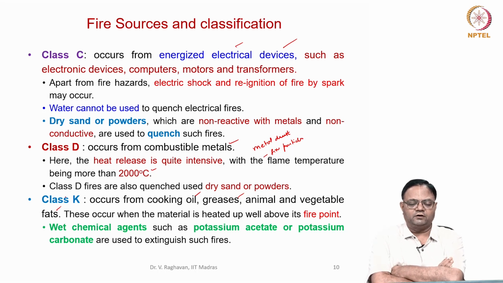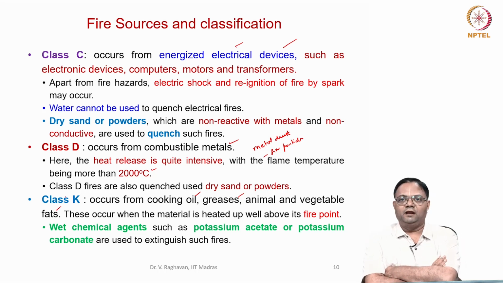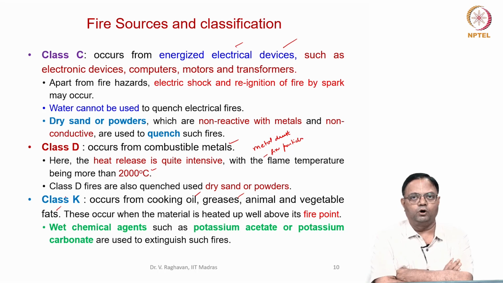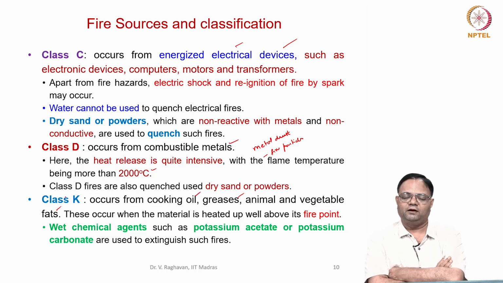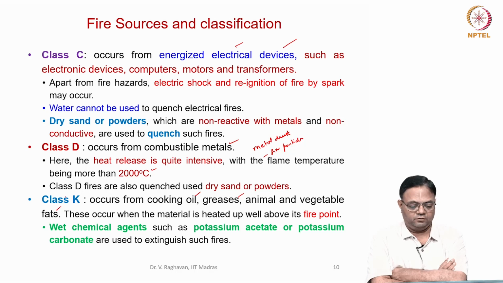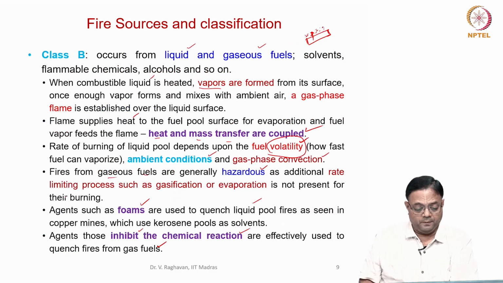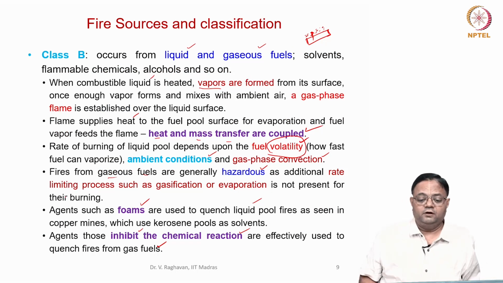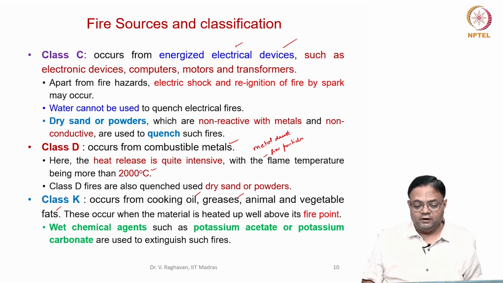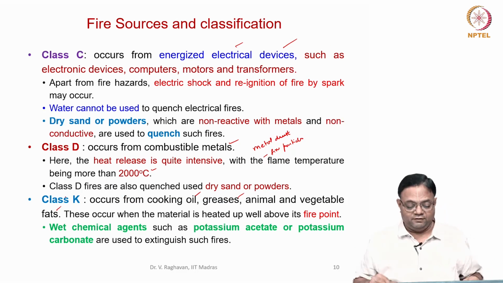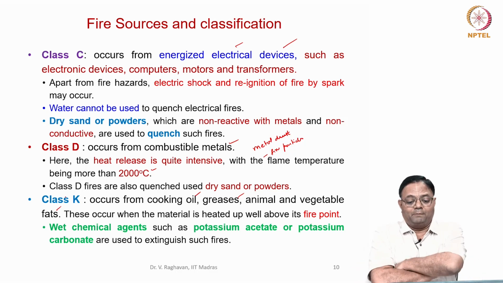So these are the classifications. Class A is basically a charring type of wood, cellulose material, and you can also have papers. Class B is liquid and gaseous fuel. Class C is energized electrical devices. Class D is combustible metals.